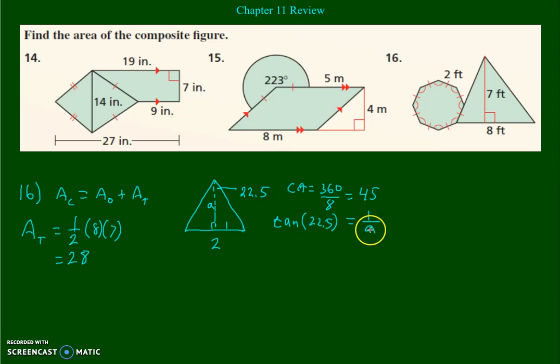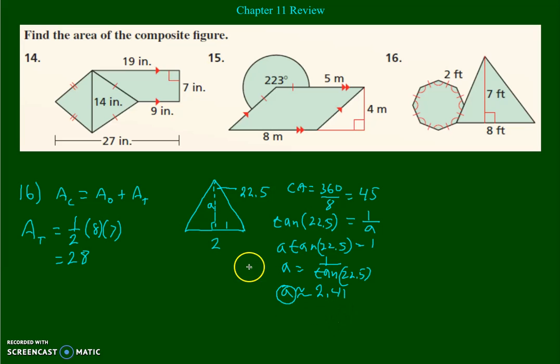When we work this out, multiply by A: A times tan 22.5 equals 1, so A equals 1 over tan 22.5, which gives us approximately 2.41, and I'm going to go ahead and store that in A.